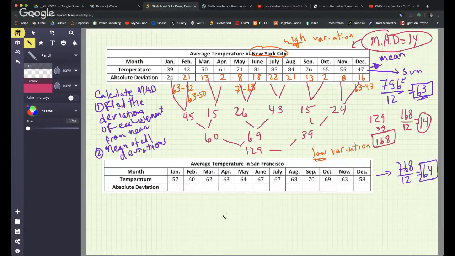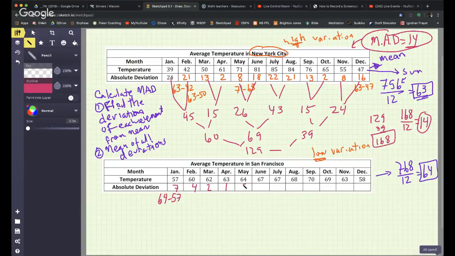Now let's do the same thing for San Francisco. In San Francisco, everything's a lot closer together. So we expect a number that's a lot lower than 14 to represent our deviation. So let's do that. 64 is our mean here. So 64 minus 57, that's 7. 64 minus 60 is 4. 64 minus 62 is 2.